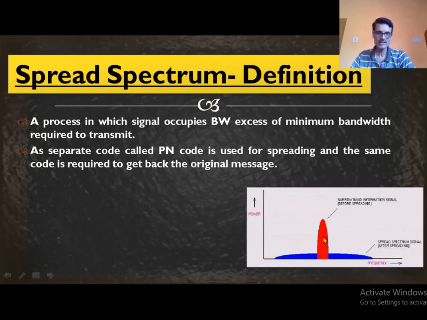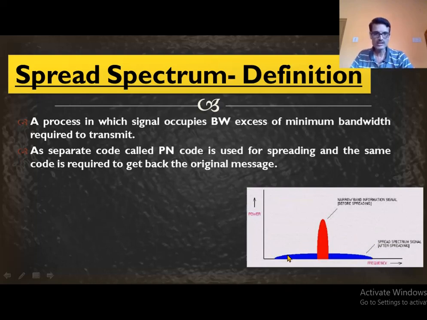But by using Spread Spectrum, we compromise on both. Intentionally we reduce the power of transmission, and just look at this frequency spectrum: the bandwidth occupied is very large. This is for the Spread Spectrum signal. Now what is the advantage of doing this? We will understand this in this video or in the coming videos.